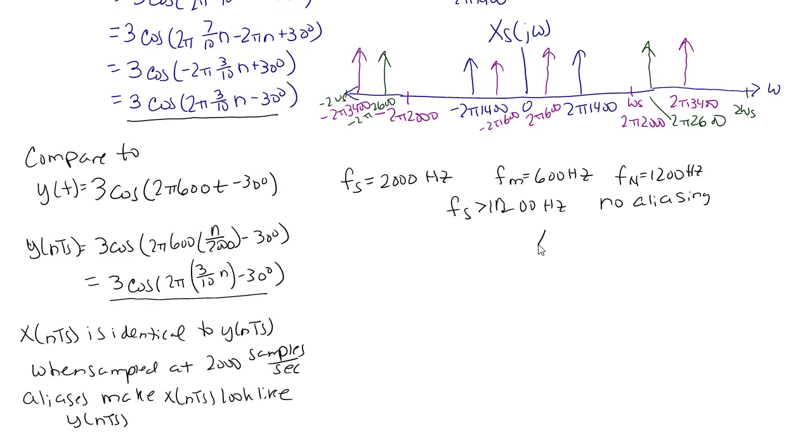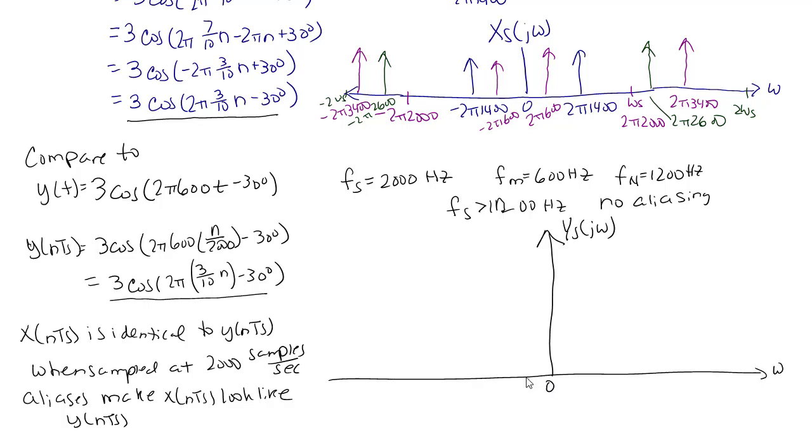Here's our vertical axis, Y sub s of j omega, and our horizontal axis omega. Then we have our first sample, which is the Fourier transform of 3 cosine 2 pi 600t minus 30 degrees. So that means I'm going to have an impulse at 2 pi 600 and an impulse at negative 2 pi 600.